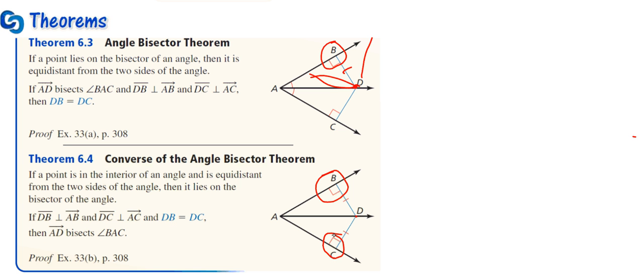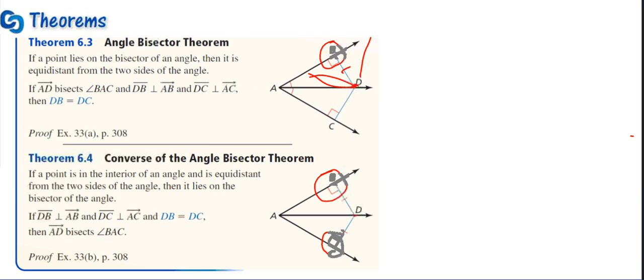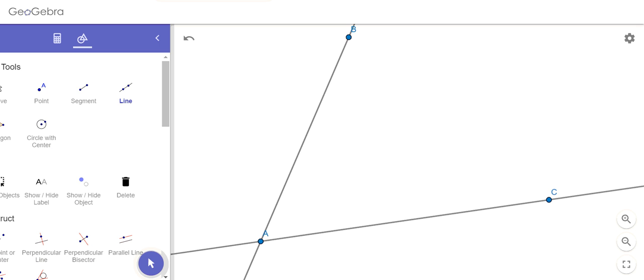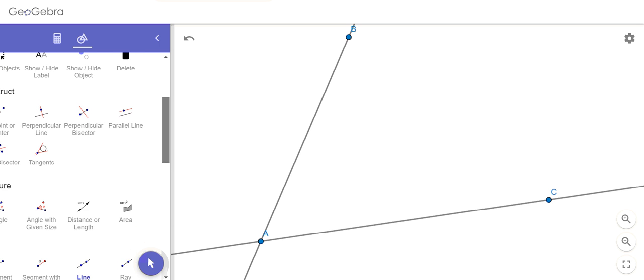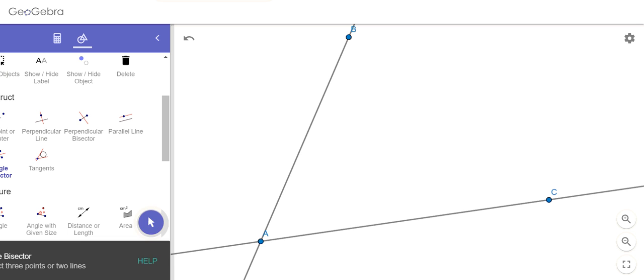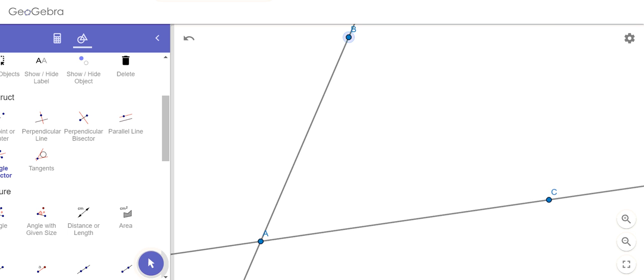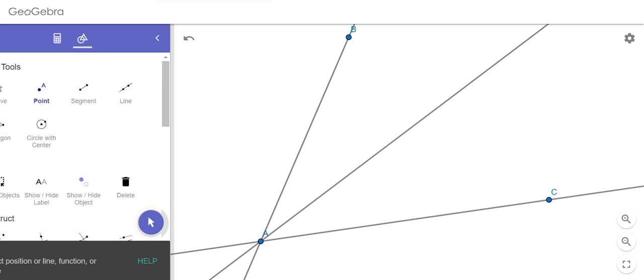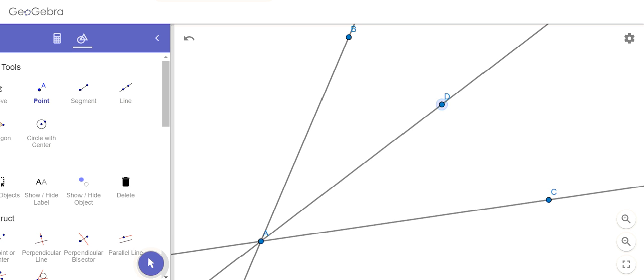So we can go ahead and look again at a kind of dynamic way of looking at this. Here I have my angle BAC, and I'm going to look at the bisector of BAC. I can identify some point on that angle bisector.